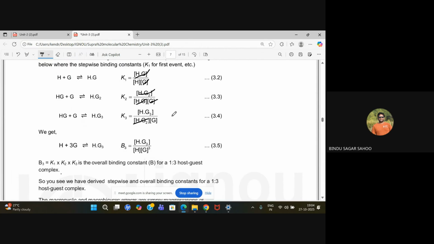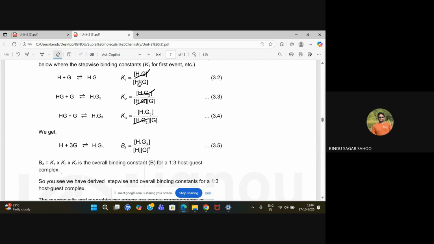So finally you can get three G molecules, and HG. Finally you can get this 3G, which will be converted to HG3.